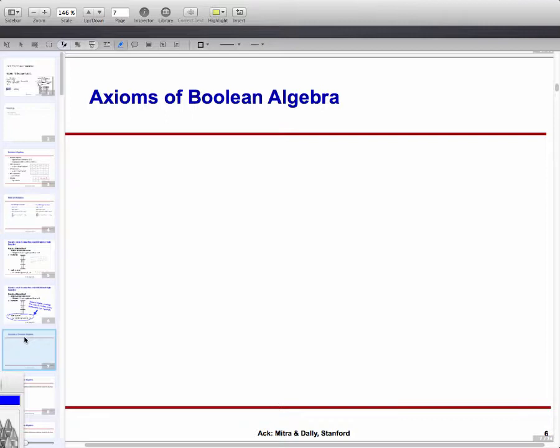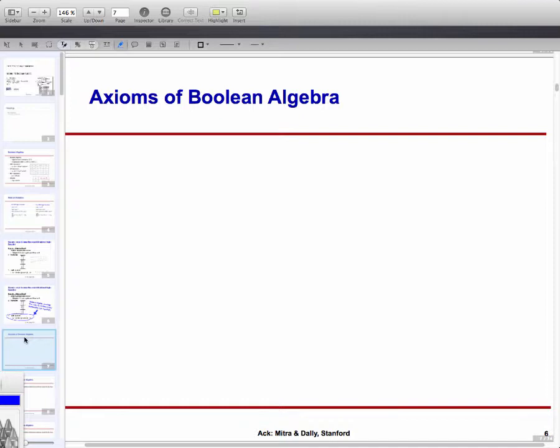What is that called? In regular algebra, when we say a plus b is b plus a, what is that property called? Commutative. Yeah. Then we have the property a times b is the same as b times a, the same property for multiplication.